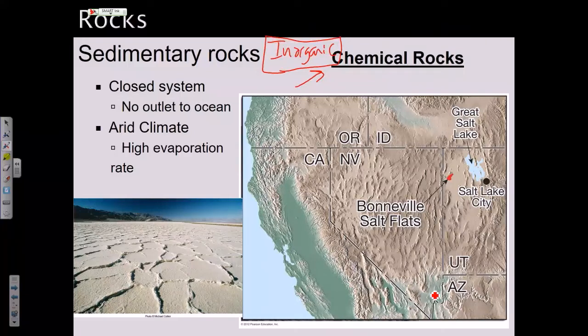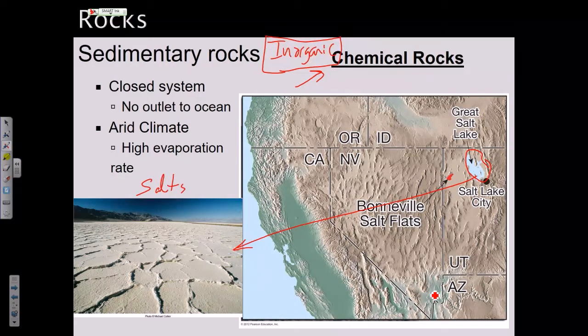Okay, so the minerals are coming from, let's say, around the Great Salt Lake in a place that's dry, collects water, has a high evaporation rate, and what results as the Playa Lake dries out is a crust of salts. These salts get buried in different layers, and this happens both in oceans and in these western desert environments in the western U.S. Okay, so these are inorganic chemical rocks.